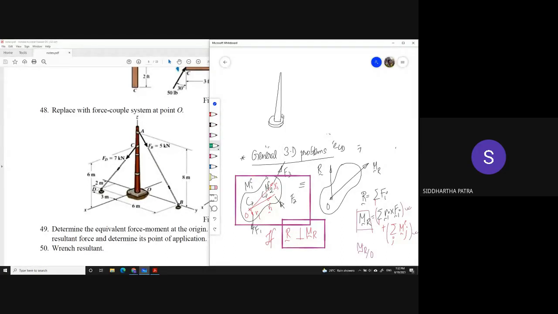There would be some resultant force acting on it, and some resultant moment acting at O. Just identify the resultant force and the moment if we are to represent the equivalent force system at O. R is simple because it is just the vector addition of the forces.